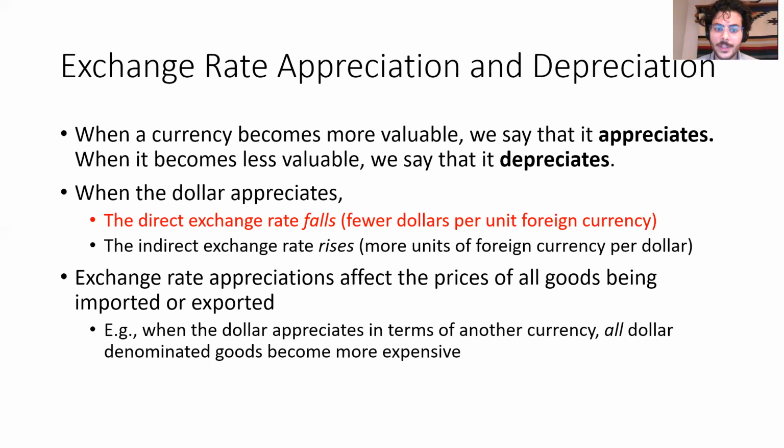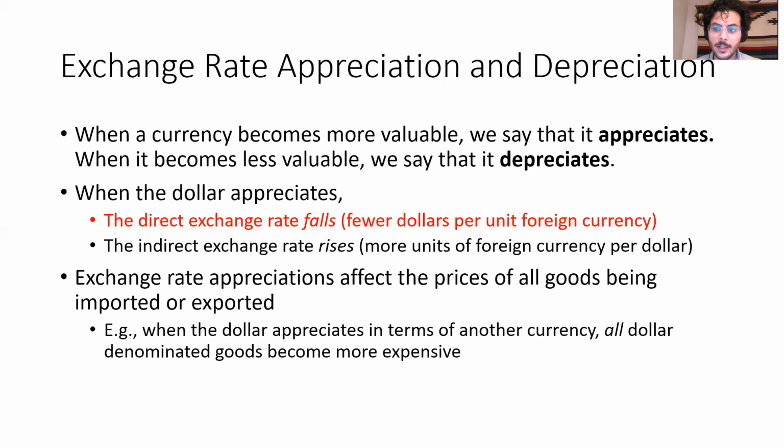For example, when the dollar appreciates, when it gets stronger, the direct exchange rate actually falls. It means we have fewer dollars per unit of foreign currency. So if the dollar gets stronger against the British pound, that means it costs more British pounds to buy $1, or it means that there are fewer dollars per British pound. So the price of the dollar goes up, but that means a fall in the direct exchange rate.